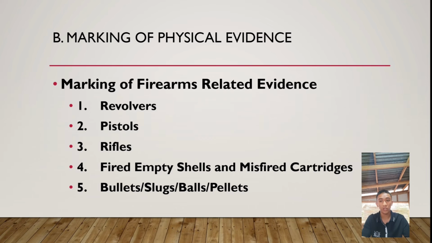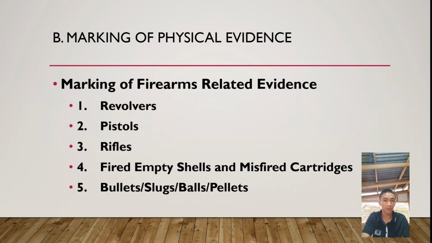Second one is pistol. It must be marked on the barrel, frame, butt, magazine, and stock. Tape must also be put around the gun with signature to avoid changing the parts of the gun that may affect the result of laboratory examination.